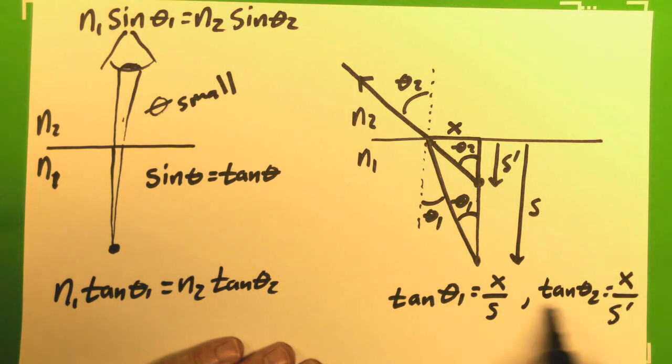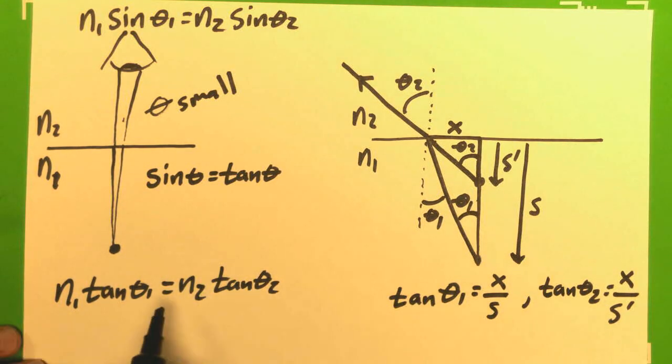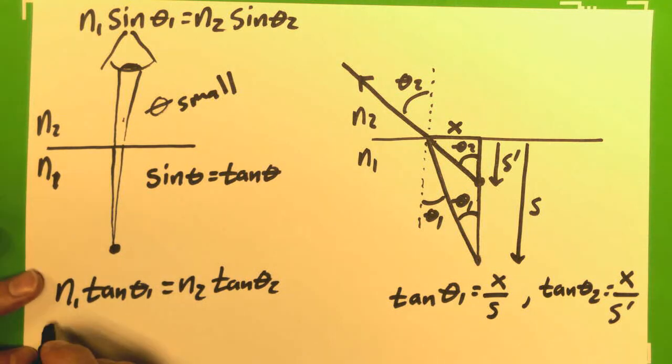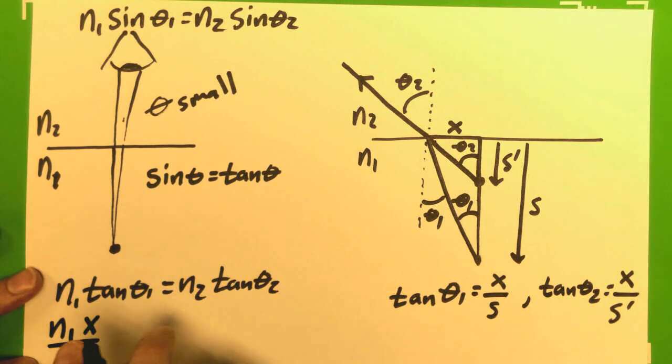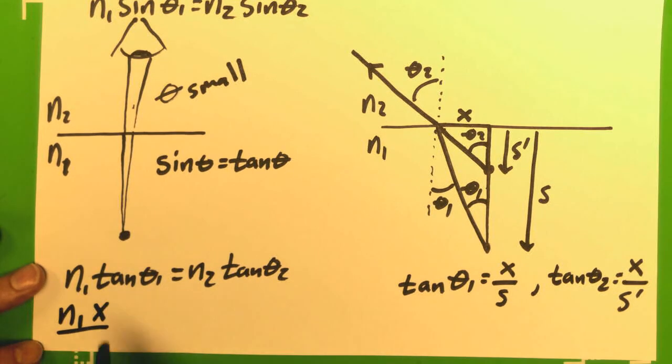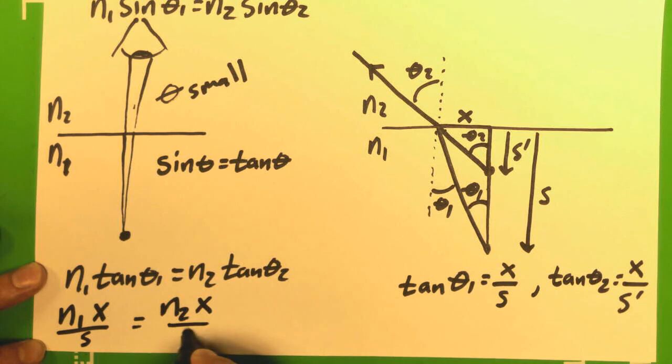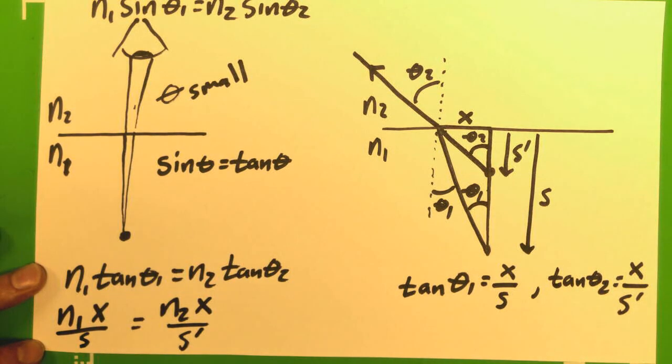Now that I have those definitions for tangent of the thetas, I can come over here to my approximate definition of Snell's law, and I can say n1 x over s equals n2 x over s prime.